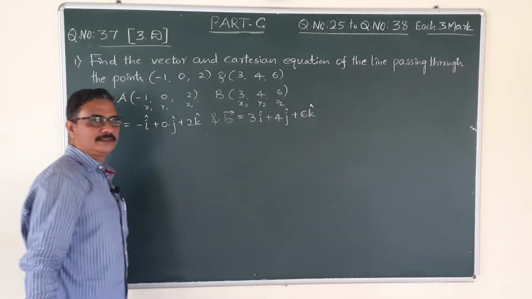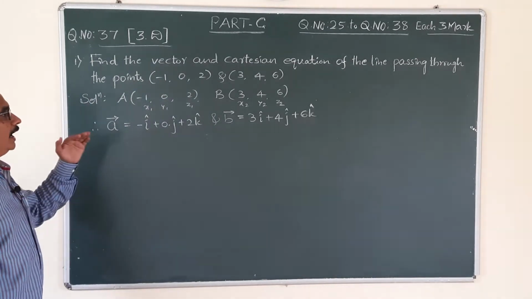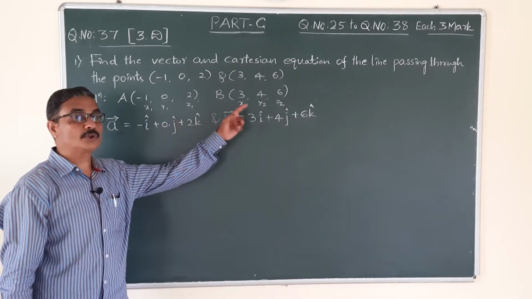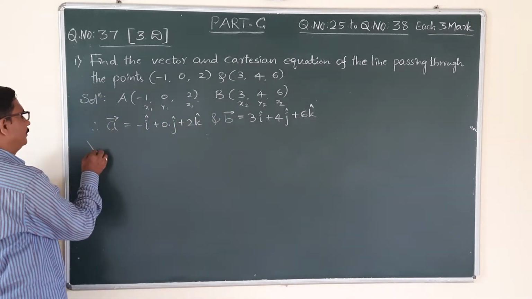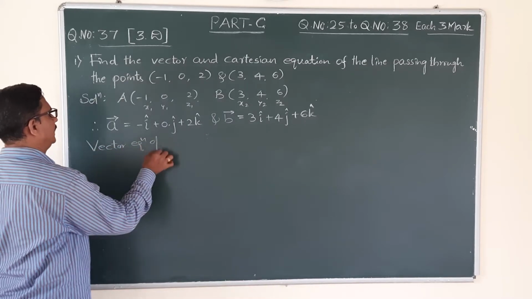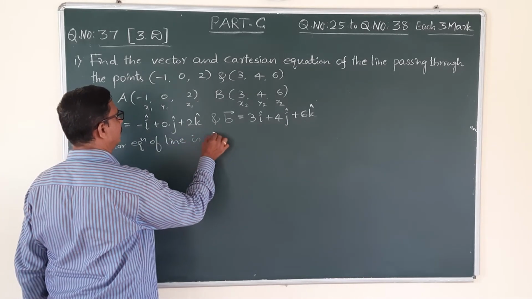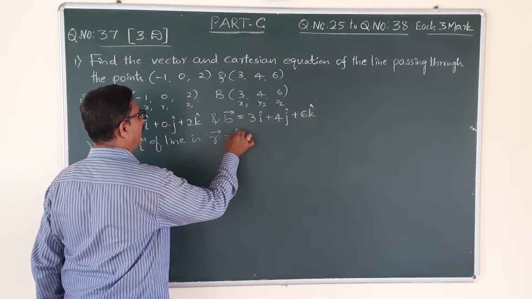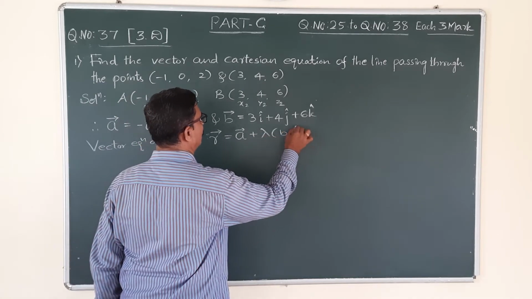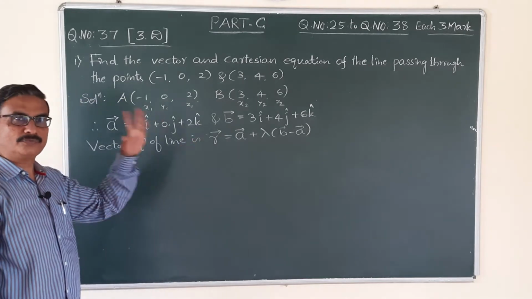We got two vectors. The first part is to find the vector equation. As you know, the vector equation of a line passing through 2 points is given by the formula vector r is equal to vector a plus lambda into (b minus a). This is the vector form of the equation of a line.